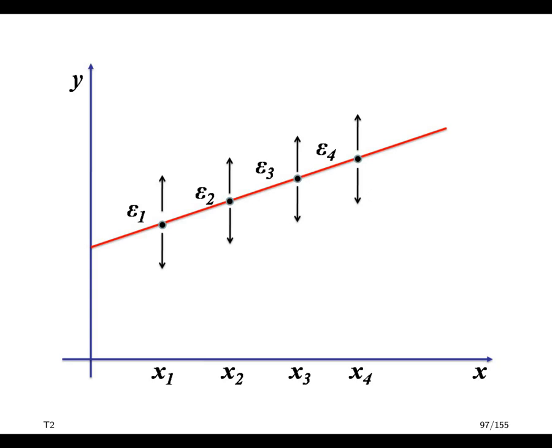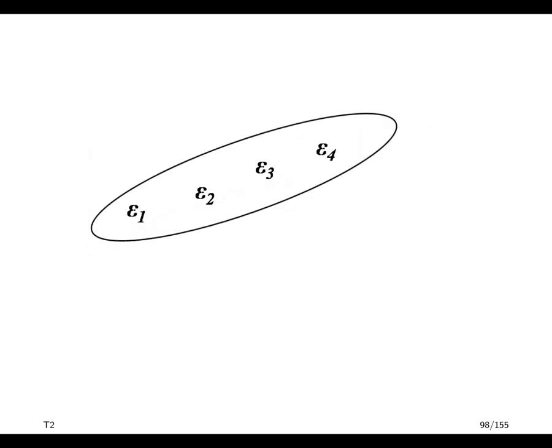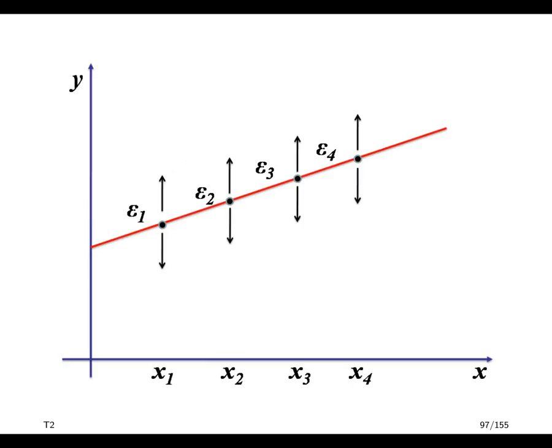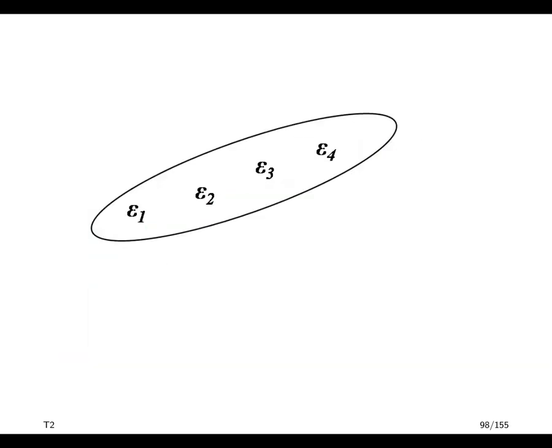If epsilon is negative, then y moves down, below the red line. So here we have one potential value of epsilon for the first individual, a second potential value of epsilon for the second individual, another for the third, another for the fourth.